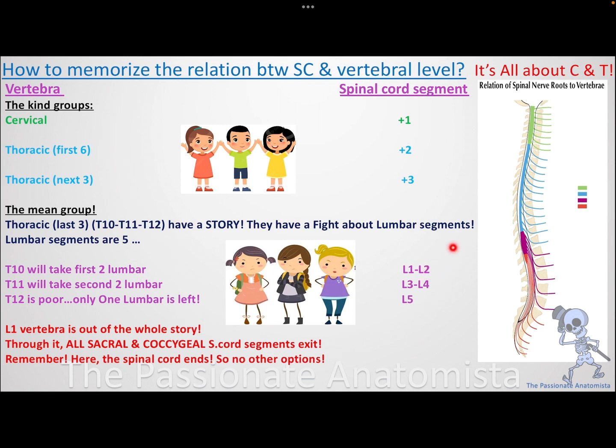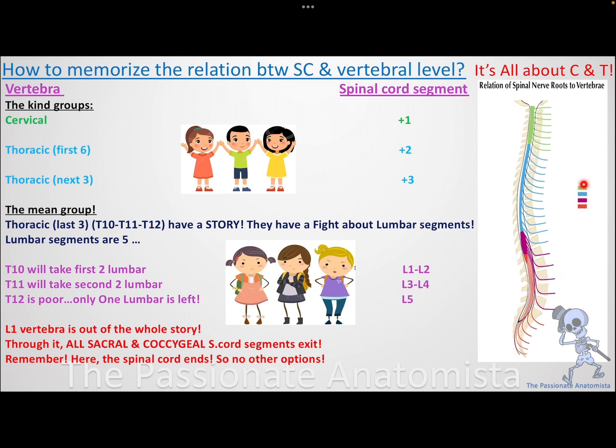But when we talk about spinal cord segments, we have all the levels that have spinal cord segments up until L5 and sacral and even coccygeal spinal cord segments. All right. So what is colored here is from C1 all the way to the coccygeal nerves.